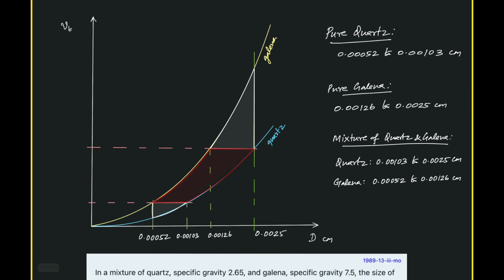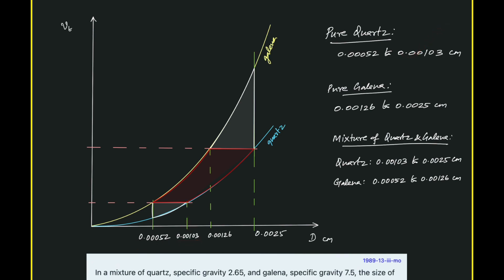First we obtained this velocity, and from it this dimension, which is 0.00126. So we have pure galena from 0.00126 to 0.0025, and pure quartz from 0.00052 to 0.00103.